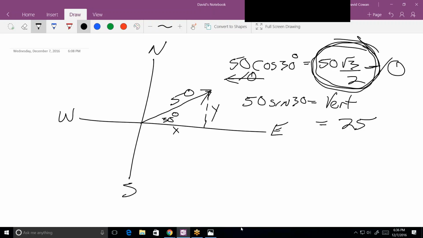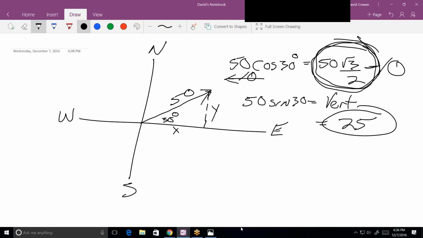That 10 mile an hour wind is knocking down my speed in an easterly direction by precisely 10 miles per hour. It's not affecting my vertical direction at all. So my vertical direction is still going to be 25 miles an hour in a northerly direction.